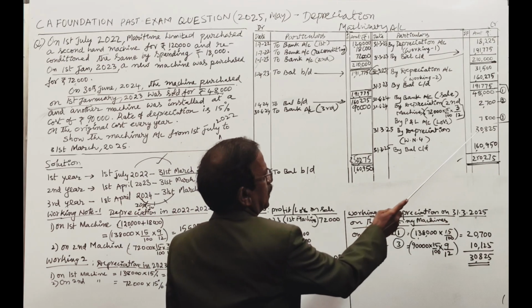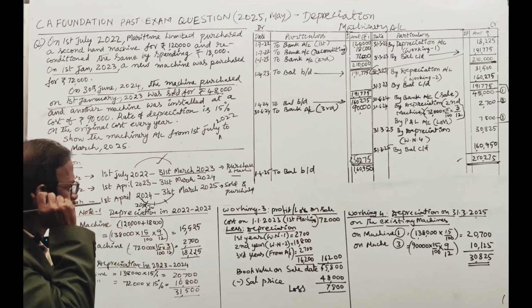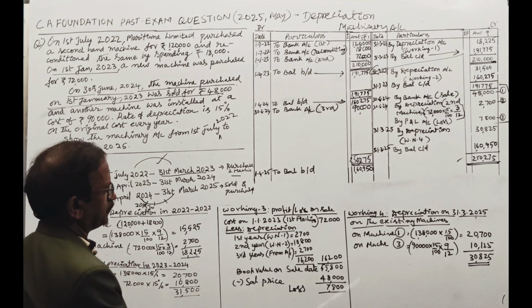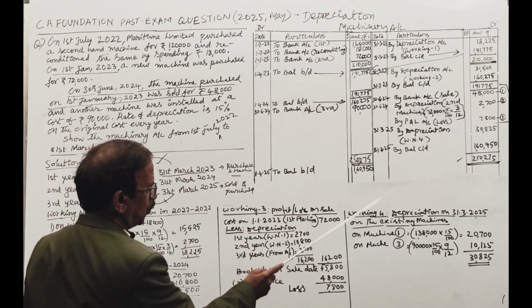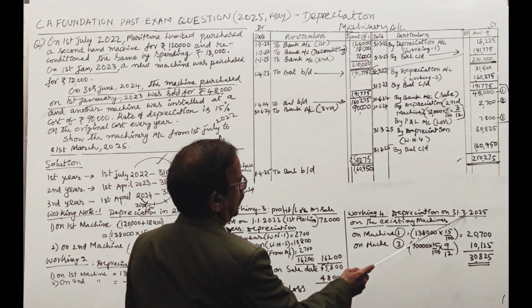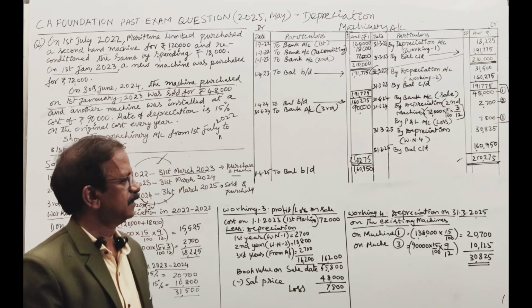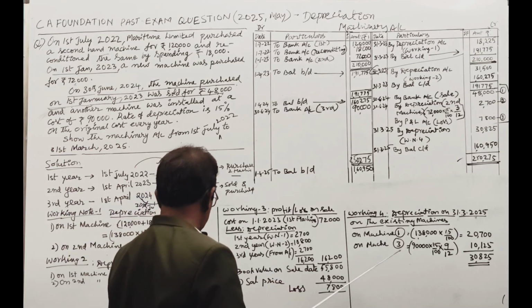How to calculate the depreciation on the remaining machines? It is given separately as working note 4. Depreciation on 31/3/2025, that is the end of the third year. How to calculate?